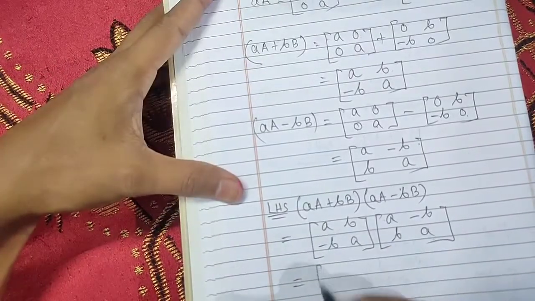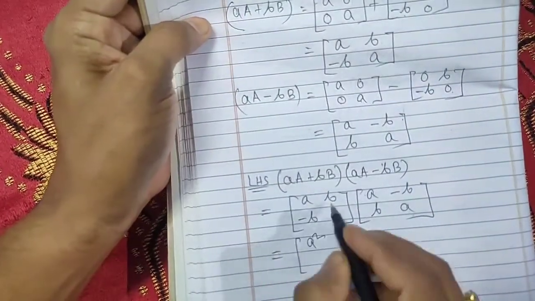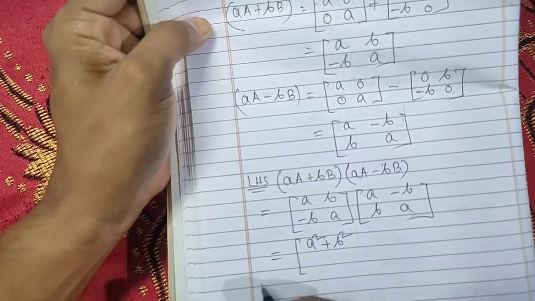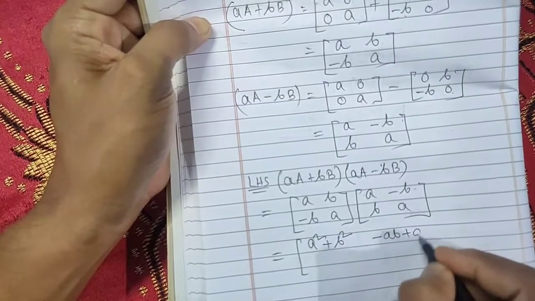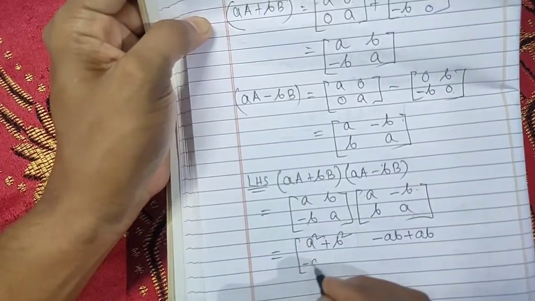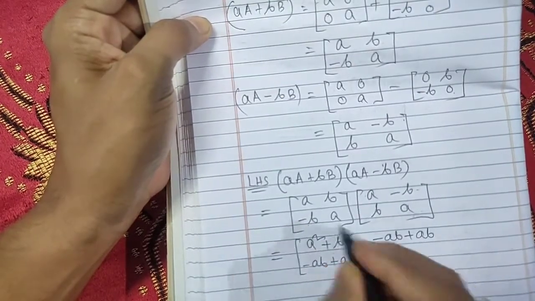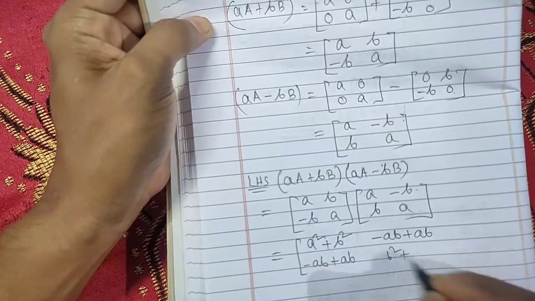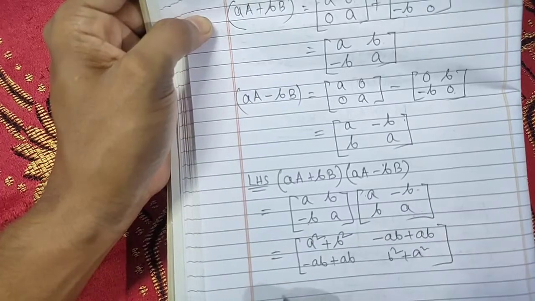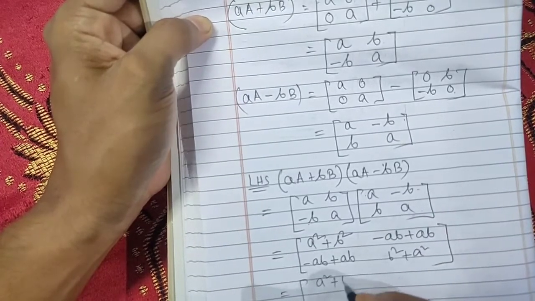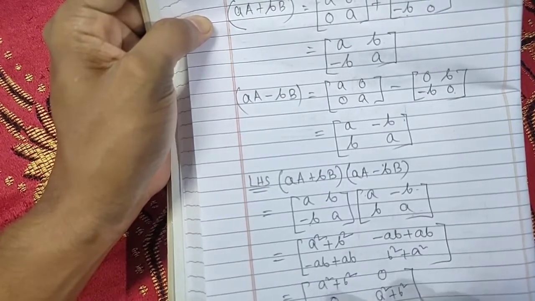So a into a is a square, plus b square, a into minus b minus ab plus ab, minus ab plus ab, minus b into minus b, b square. Minus ab plus ab cancel, so here 0 will come. So this is equal to a square plus b square, 0, 0, a square plus b square.